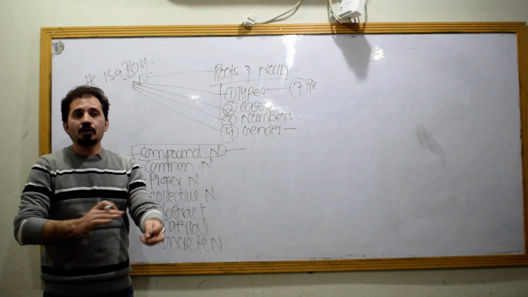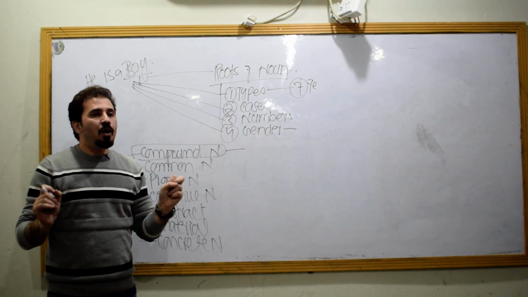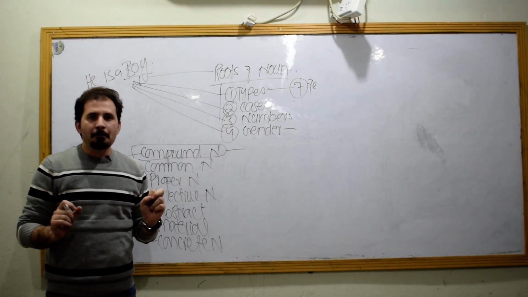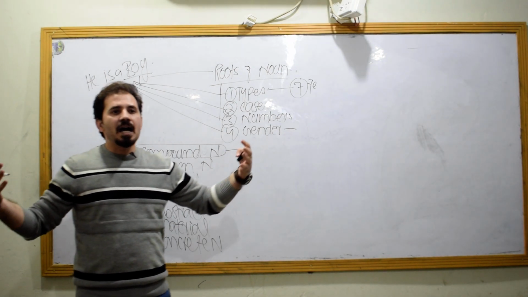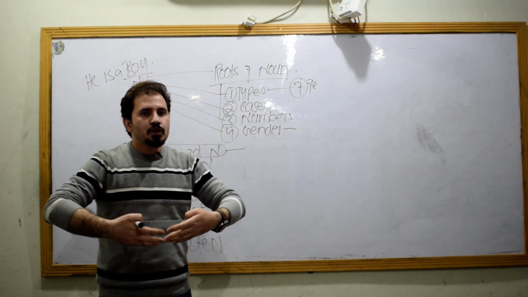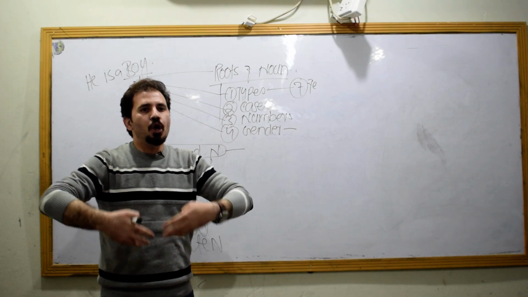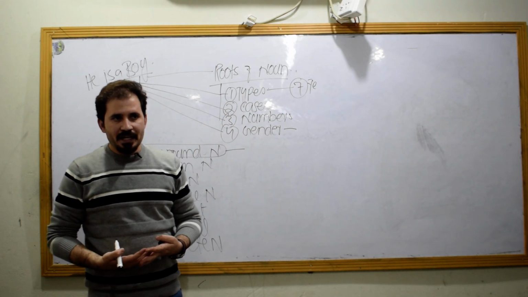So compound noun, today we want to talk about compound nouns. Compound nouns are those nouns that are made of 2 or more than 2 words. What did I say?